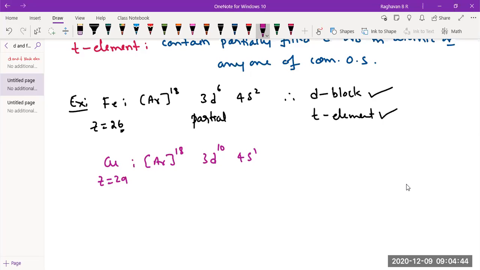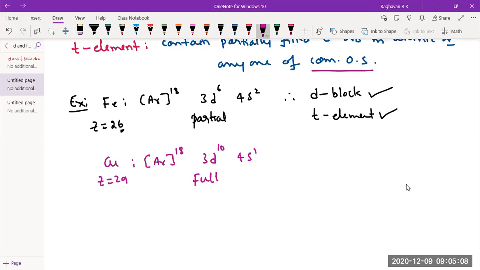So the 29th electron goes to 3d10, therefore it is d block. Is it a transition element or not as per the definition? We can't conclude now because we need to check the common oxidation states also.